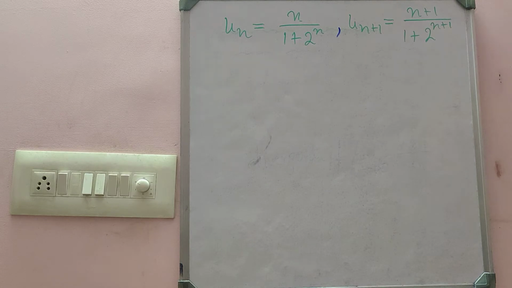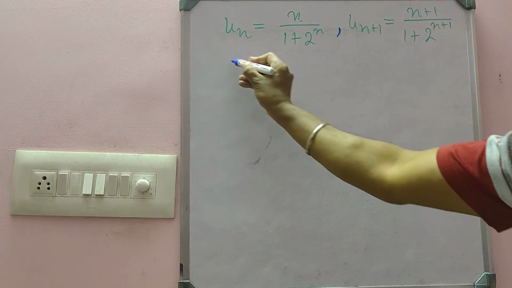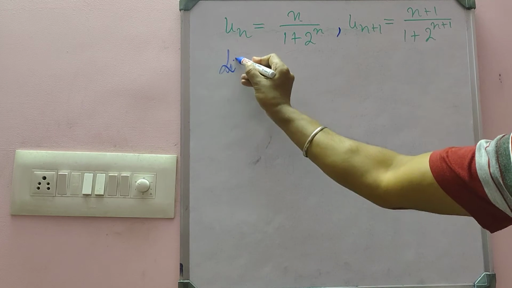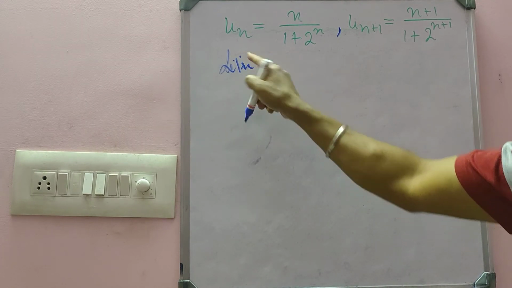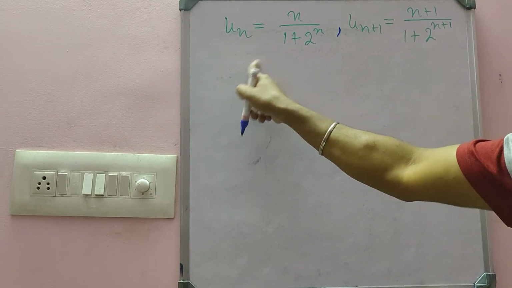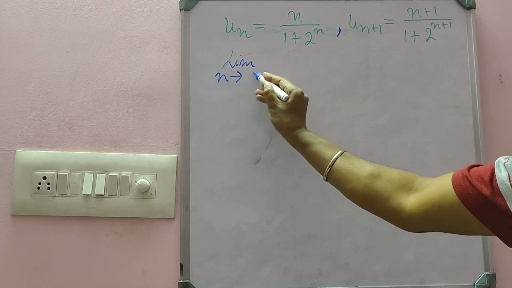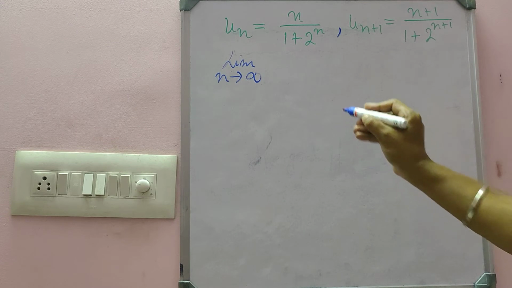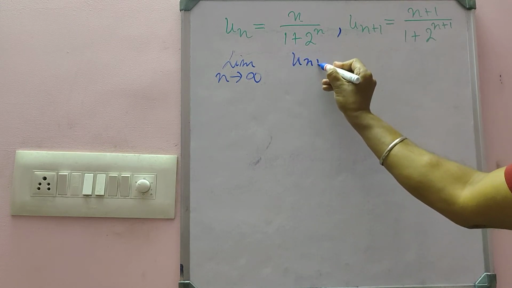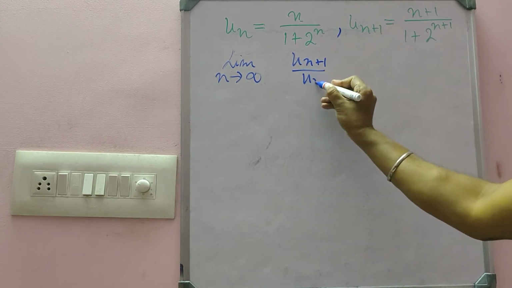After that, what we have to do is find out this value: limit n tends to infinity of un plus 1 by un.